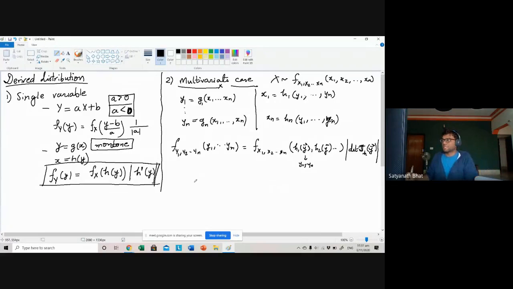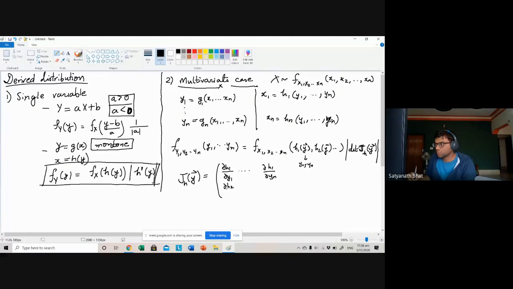So let me just define what J is. J H of y is an n cross n matrix, which is a partial derivative matrix basically. So this will be the derivatives of H1, remember, H1 is a function of y. So this will be with respect to y1 through yn, all the derivatives of H1 first.